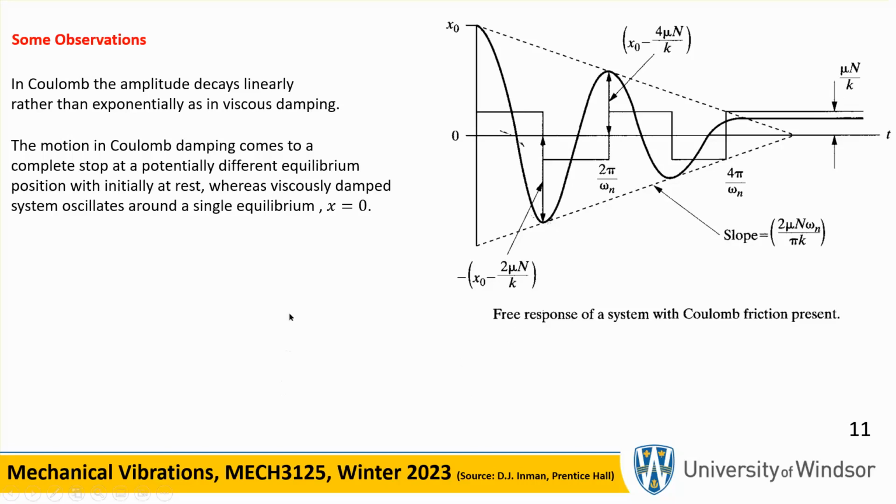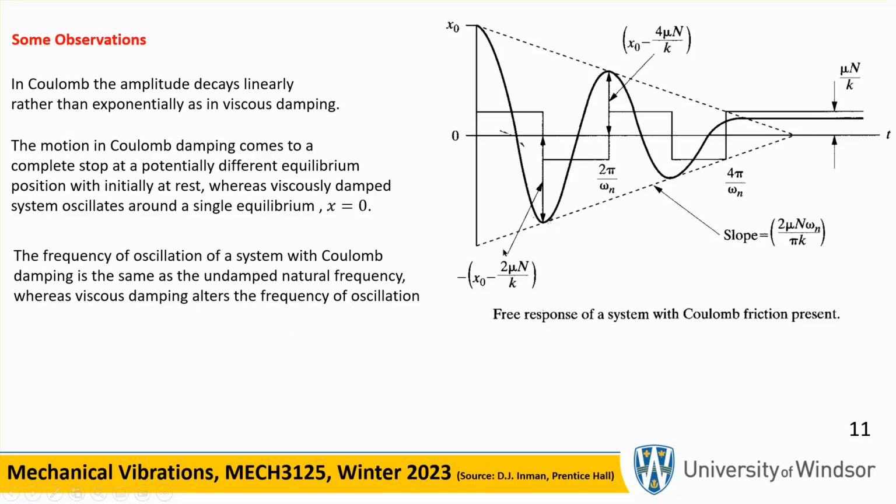The moral of the story is that for viscous damping, the block never stops. It gets closer and closer to the equilibrium position in theory, but it never stops. Real life is a different situation. But for Coulomb damping, whenever it reaches a position where the force of friction, which is mu n, is bigger than kx, k being the stiffness of the spring times x, the position where the block is sitting, it's going to stop.